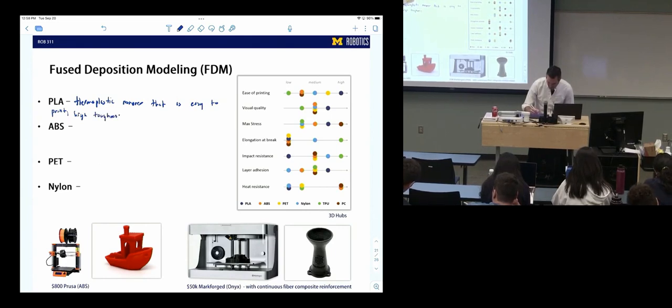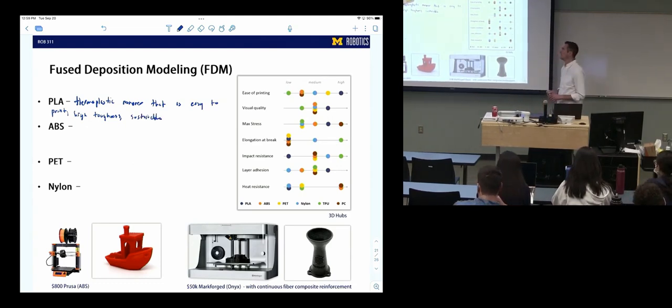High toughness. I think it's sustainably manufactured. Sustainable. So PLA is awesome. Great material. What did you write after thermoplastic? Monomer.